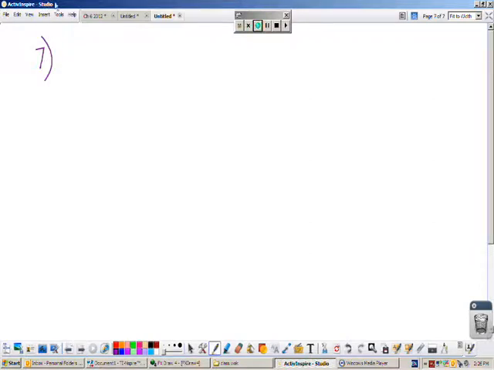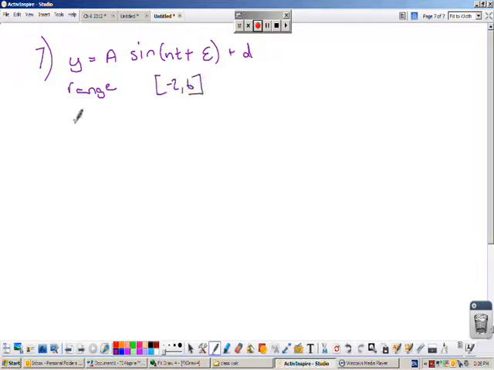Number 7, another sine one. This time with horizontal and vertical translations. So we have a range of -2 to 6. The period is 8. And we have a coordinate point, it is the point 2, 2. Starting with the range, we need the centre line.